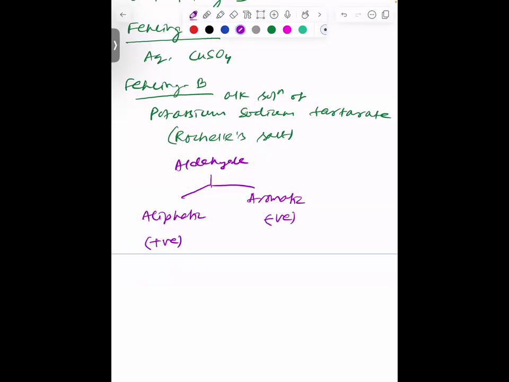Suppose two solutions are there, one aliphatic aldehyde and another aromatic aldehyde, and we do not know which is which. Tollens reagent will give a positive test to both aliphatic as well as aromatic. But Fehling solution will give a positive test to the aliphatic only and a negative test to the aromatic aldehyde. I think it is clear. So Fehling solution will act upon only the aliphatic aldehyde.